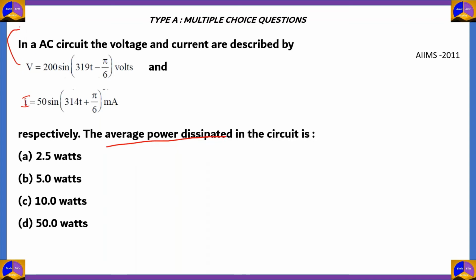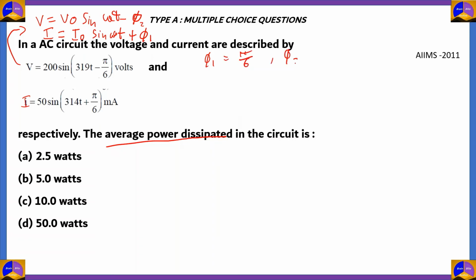The first equation is of the form V is equal to V naught sine of omega t minus phi. Let's consider this as phi 2. And the current is I naught sine of omega t plus phi. Let's consider that as phi 1. So the value for phi 1 is pi by 6.